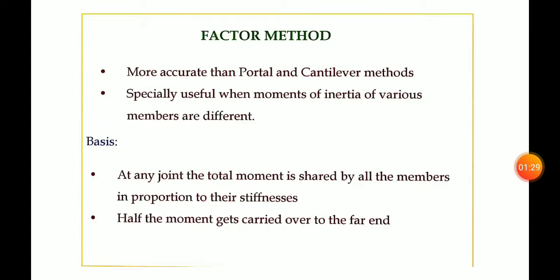As we know, when the far end is fixed, half of the moment is carried over to the far end. In this multi-story frame subjected to horizontal force, every member is fixed and rigid, so the far end will always carry half of the moment.